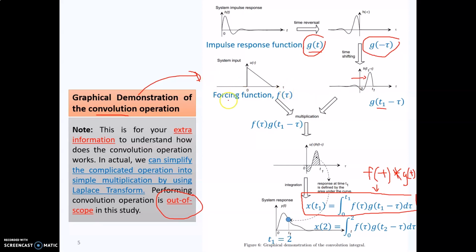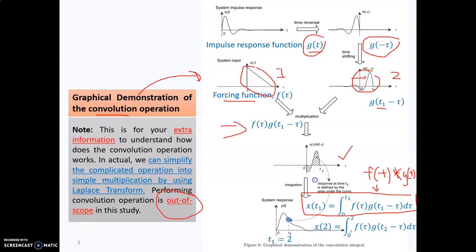On the other hand, you have a forcing function f(t), where you change the t into the tau variable. Then when you multiply the first function and the second function, you obtain f(tau) multiplied with g(t1 minus tau).